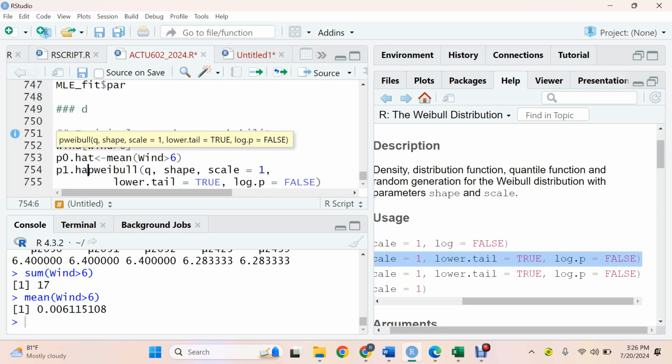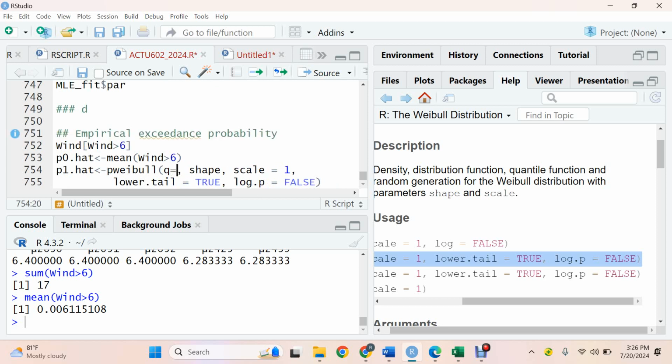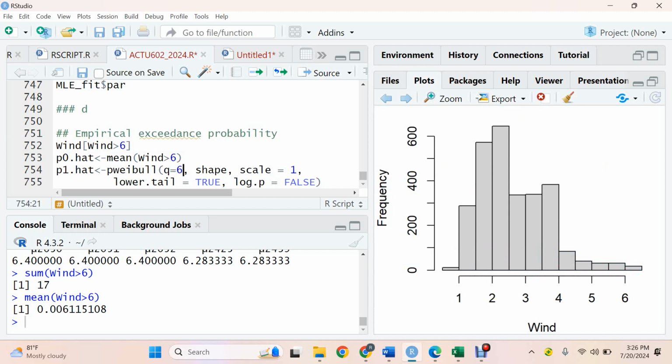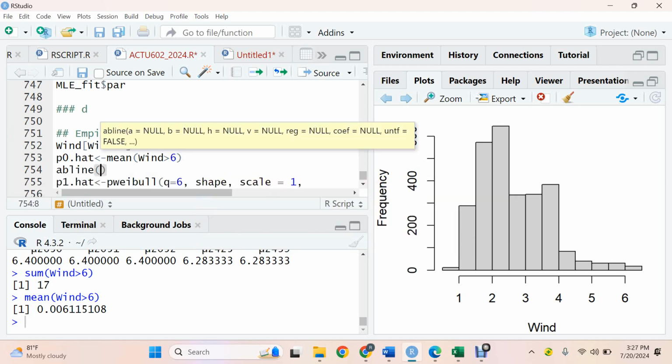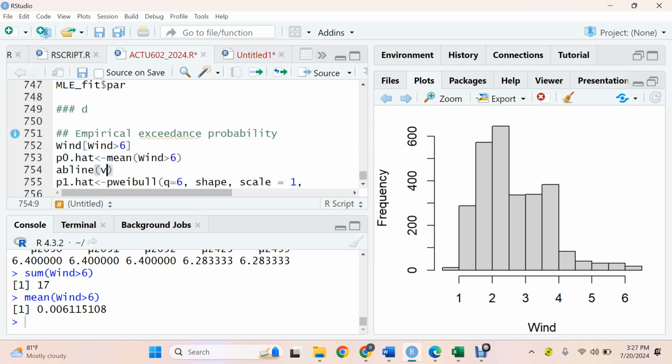Let's say P1 hat, which is what you actually got. So the Q will be 6. That's the quantile. If I go here to the plot, what I want to do is to find v equal to 6, color equal to 2, line weight 2.